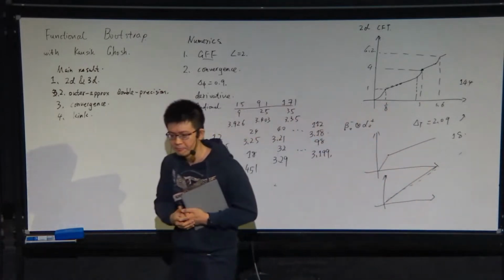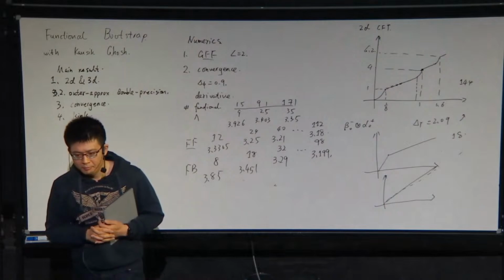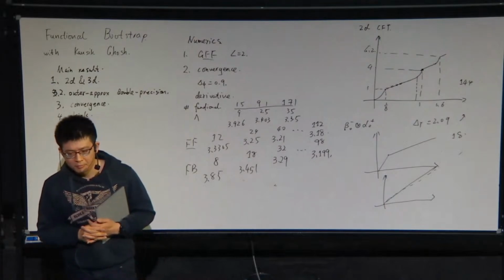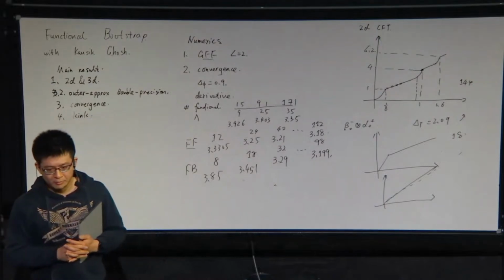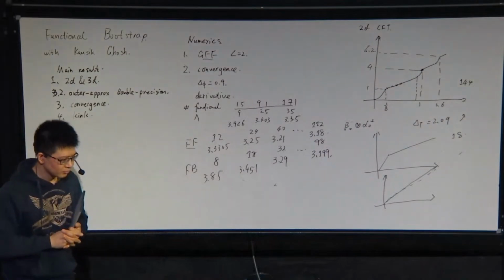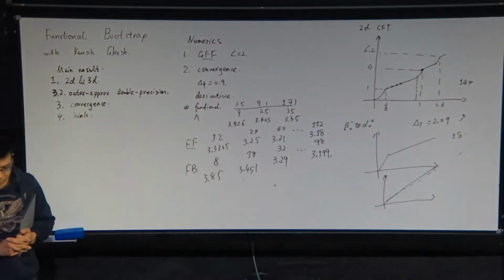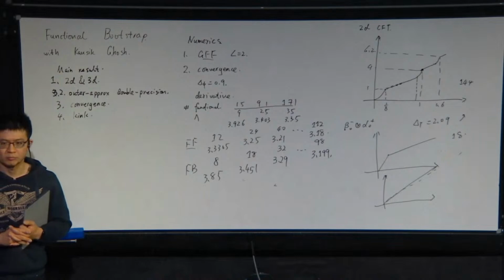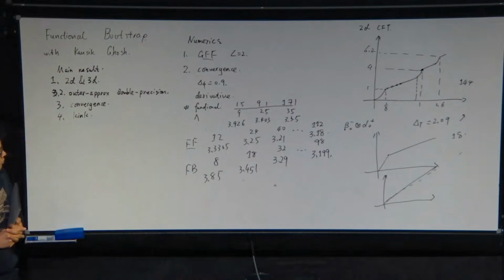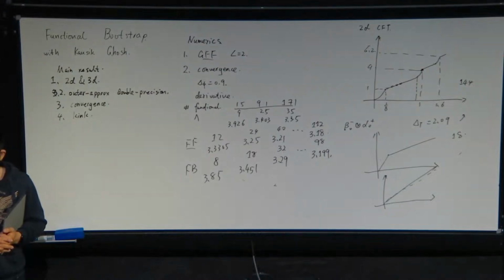It's been a long time ago, so I guess not everyone remembers what was done in these early papers. I just want to recall that in the 2008 paper, of course, double precision was used with discretization and the grid. In 2009, when we first produced the 2D Ising with Alessandro Vichi, it was also using double precision.